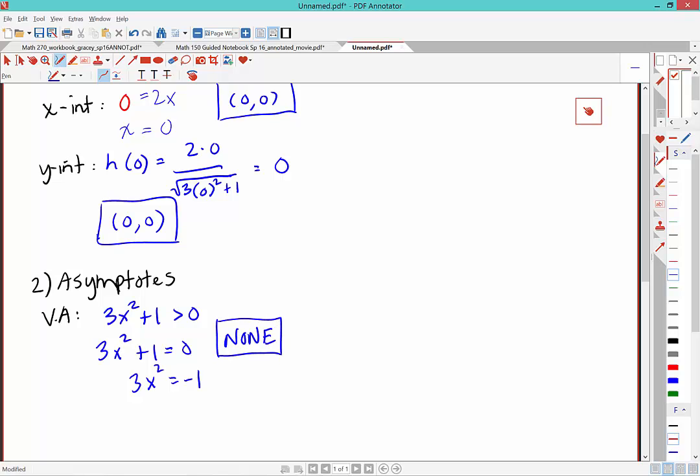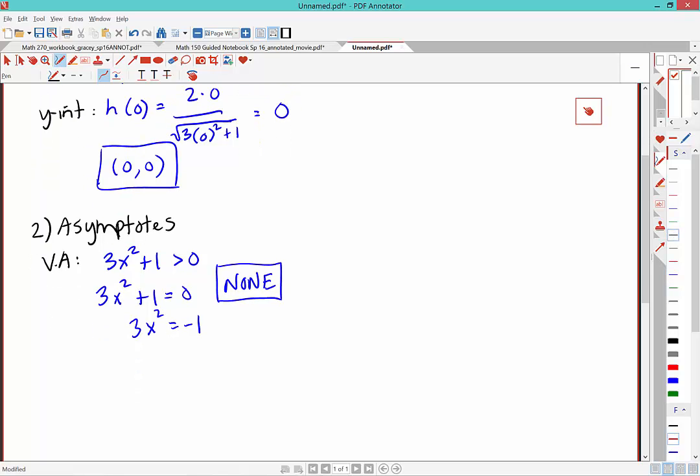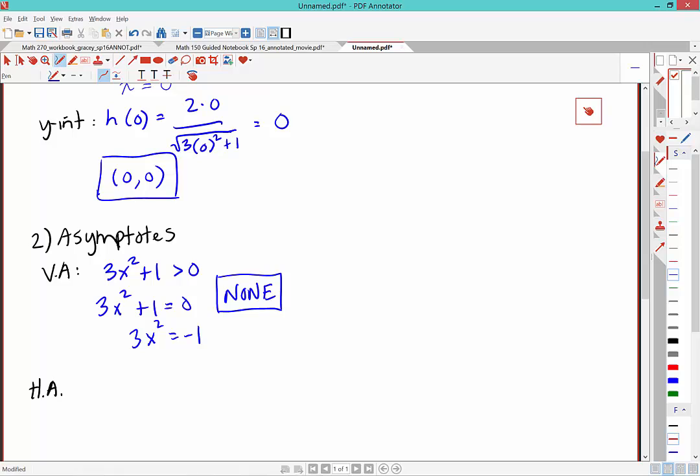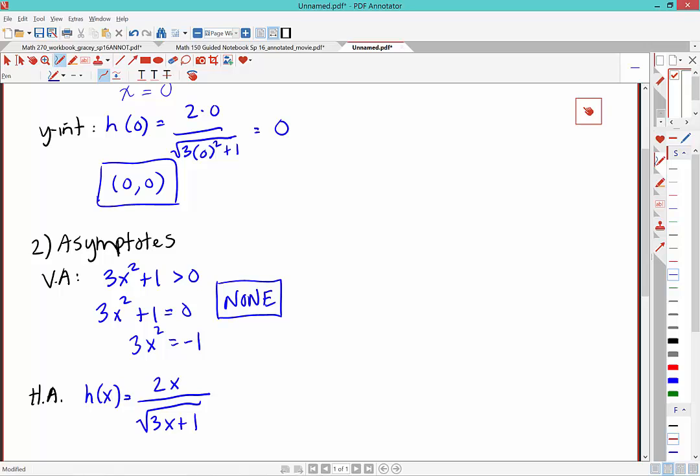Now, horizontal asymptotes, you got to be a little careful on this guy. First of all, let's simplify. So remember that h of x is equal to 2x over the square root of 3x squared plus 1.